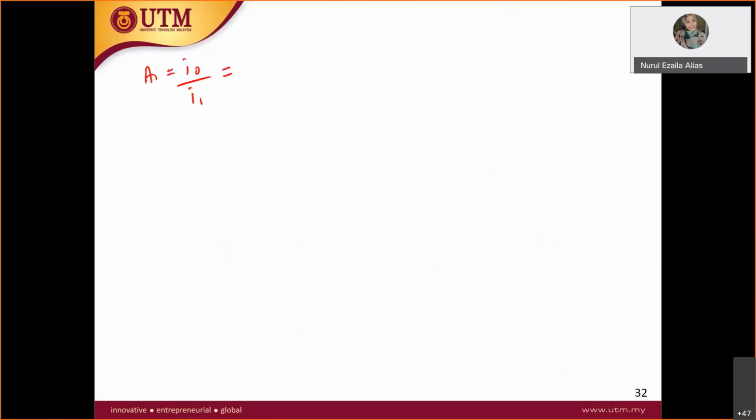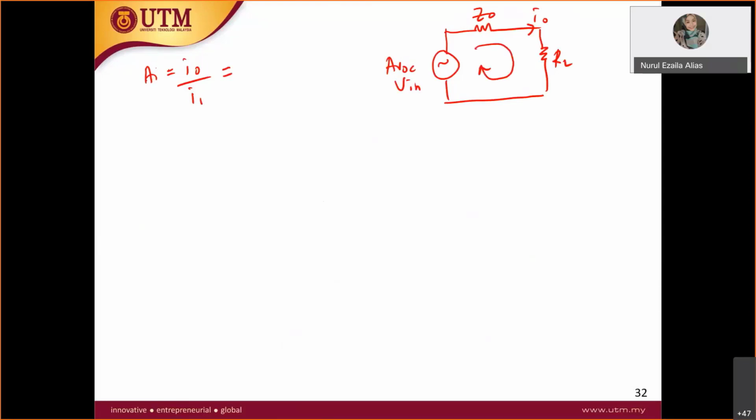There are two ways actually. Let's do the first way. Since you have calculated your AVOC, let's do it this way first. You have your amplifier model, so we'll be using this, and this is your I out.